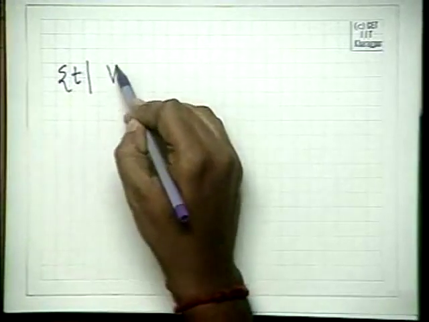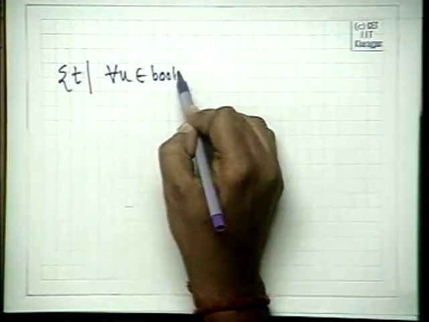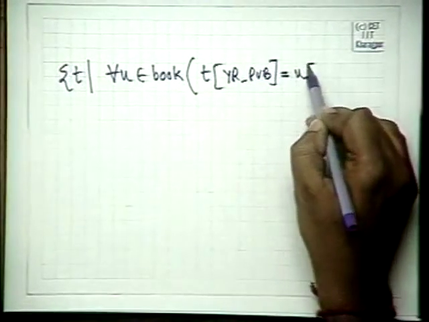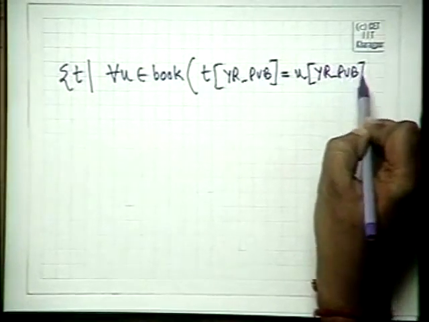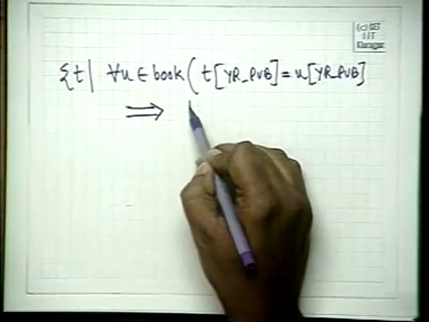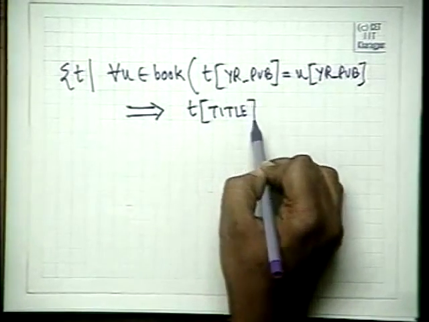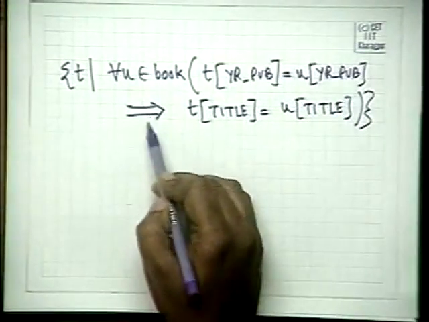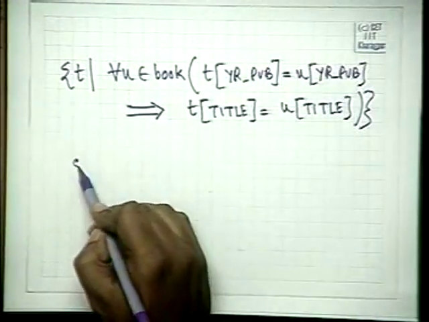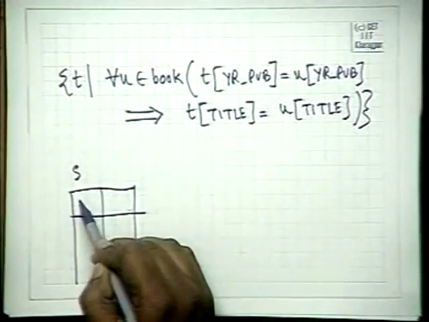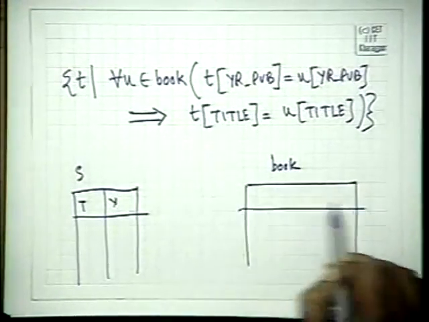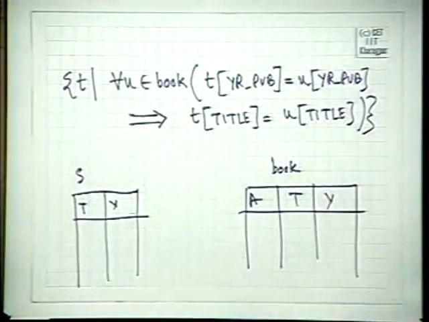If we replace this query like this, that is, I have replaced the and by the implies, then it means that in S I will have two attributes, title and year of publication, and in book I have got three attributes, accession number, title and year of publication.